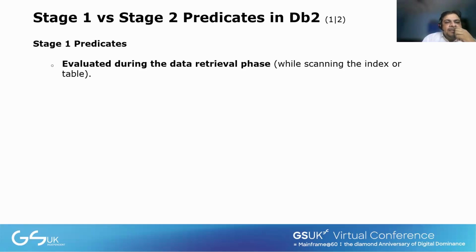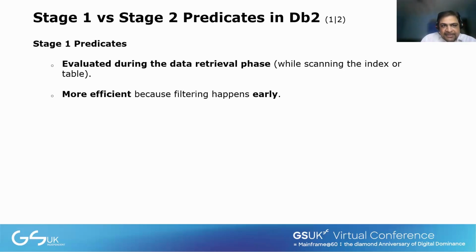So what is a stage 1 predicate? This is very important to understand. It is evaluated during the data retrieval phase. When the data is retrieved, it is evaluated at that time. Like while you are scanning table space pages, or while scanning an index, it is evaluated when that initial processing is happening. So it is early in the processing stage.